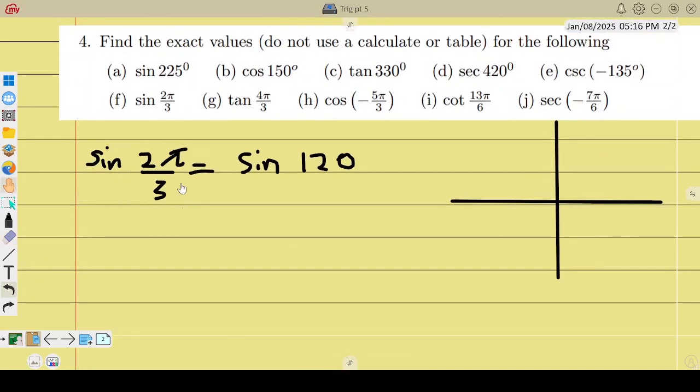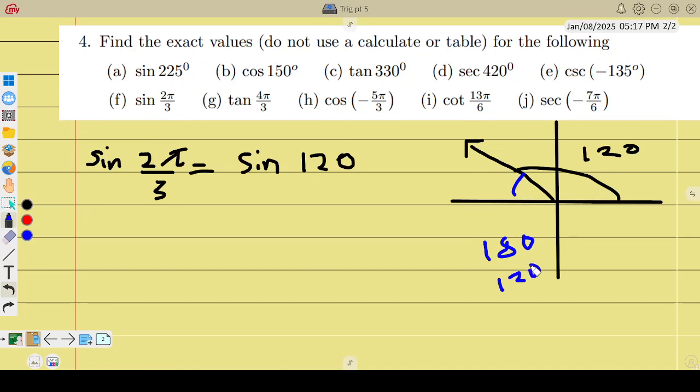So sine 2 pi over 3, it is equal to sine 120. So we can find sine 120. Sine 120, it is somewhere there. Okay. So this is sine 120. So this is the angle 120. So meaning our helping angle, this helping angle here, you simply say 180 minus 120. So what is 180 minus 120?